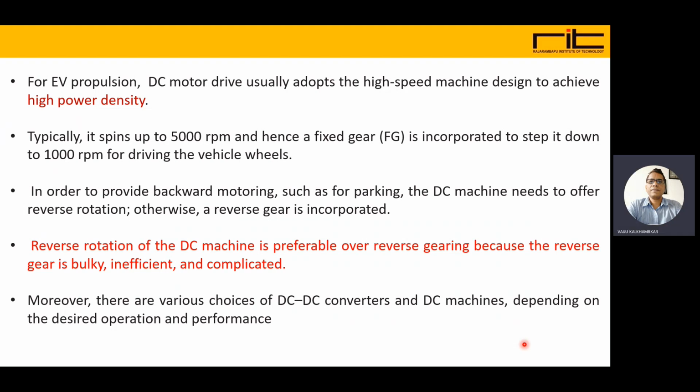Reverse rotation of the DC machine is preferred over reverse gearing, because the extra gear can make the system bulky and inefficient, and the overall system will be complex due to the use of the reverse gear. There are various choices of DC to DC converters and machines depending on the desired operation and performance.